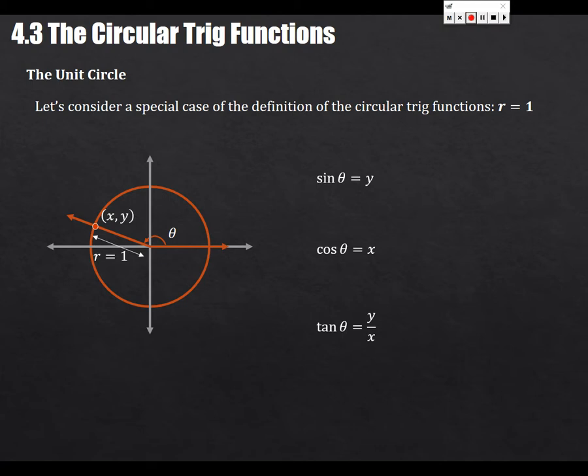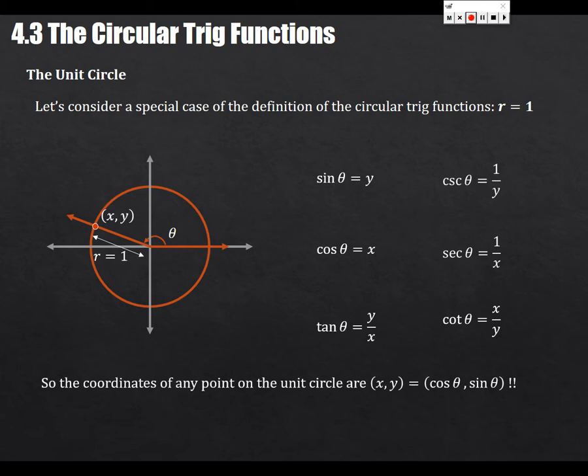If you tried to do the last problem after seeing this definition, you might say, oh, the sine is 3. No, in fact, the sine will never be a number greater than positive or negative 1 in absolute value. So yes, like Stephanie says, this really simplifies our definitions quite a bit.